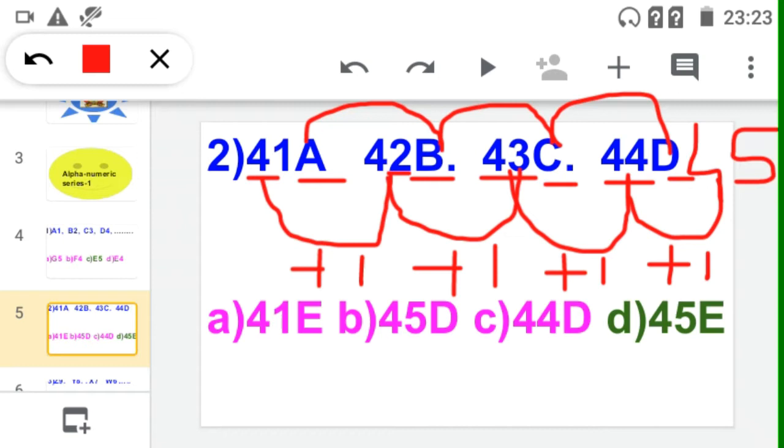So A after B is there in the second term, then B after C is there in the third term, then C after D is there in the fourth term. So what should come after that? D after E should be there. Correct. Now, so 45 after E should be there. Now see in the options, where is 45E? Yes, so that is option D. So 45E is your answer.